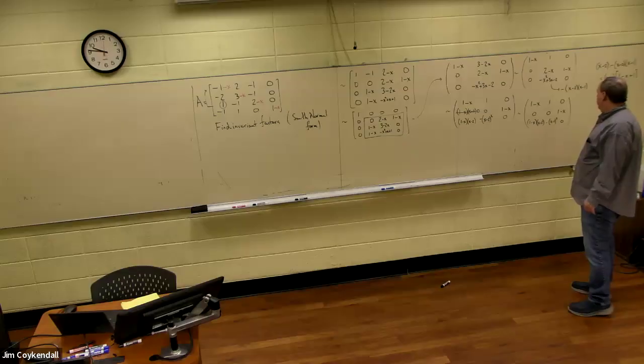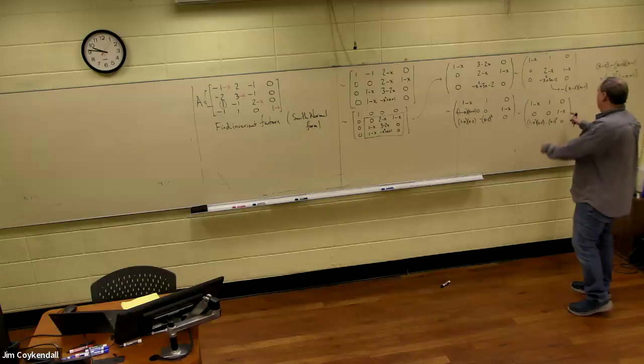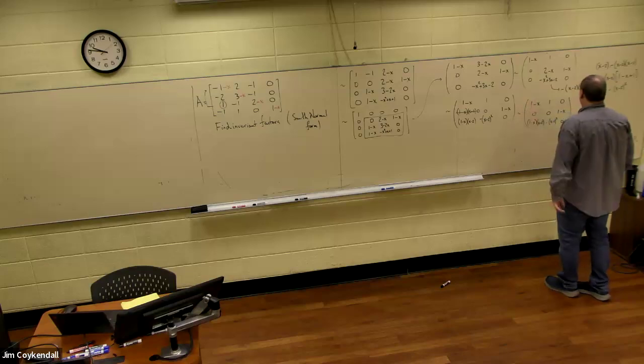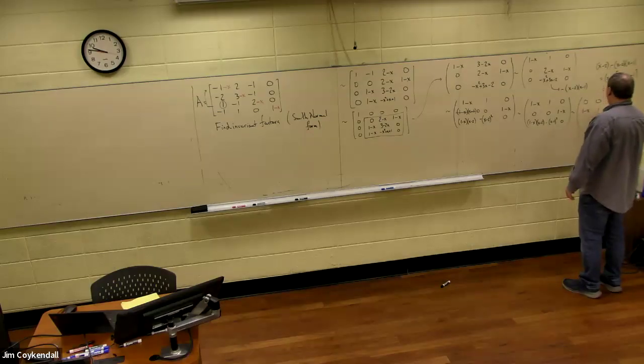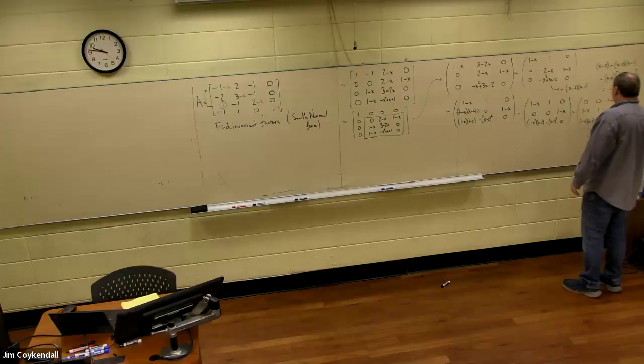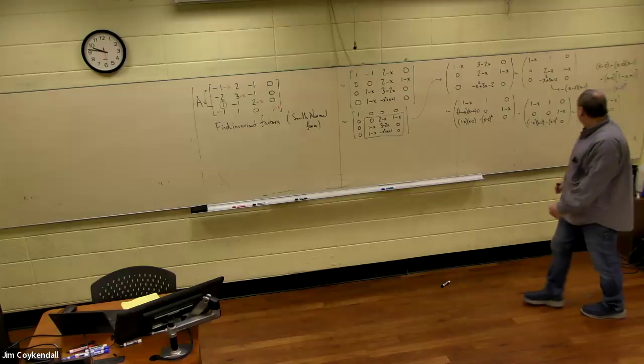Now, what I've got here, it looks like I've got one invariant factor of, I can rearrange this matrix by swapping this row and this column. So this is 0, 0, 1 minus x. 1 minus x, 1, 0, and 1 minus x, x minus 2, minus x minus 2 squared, 0. And now I can swap these two columns.